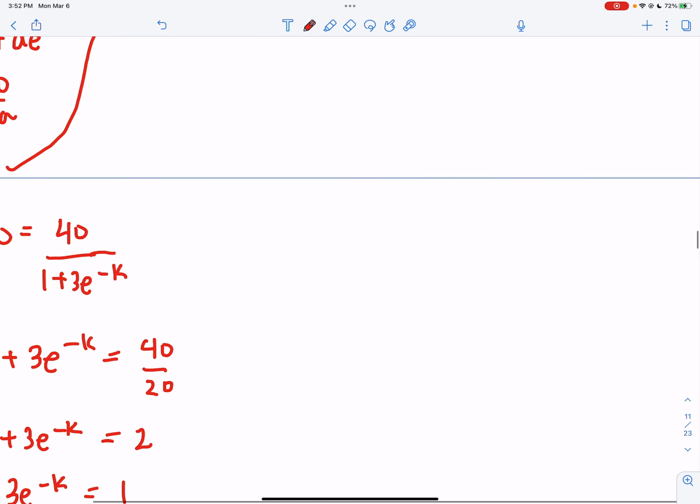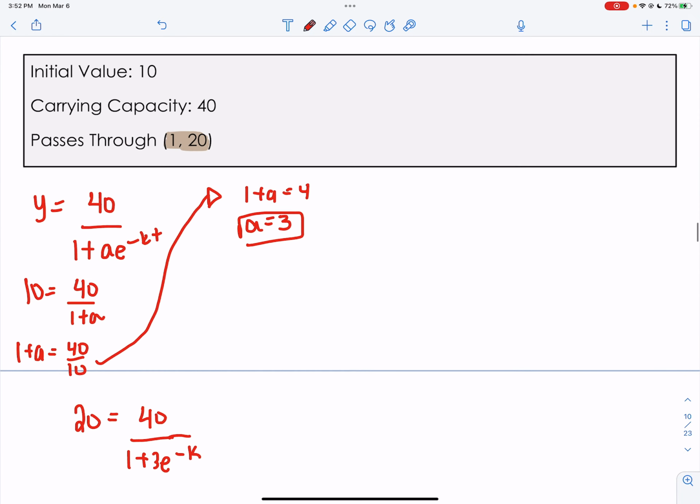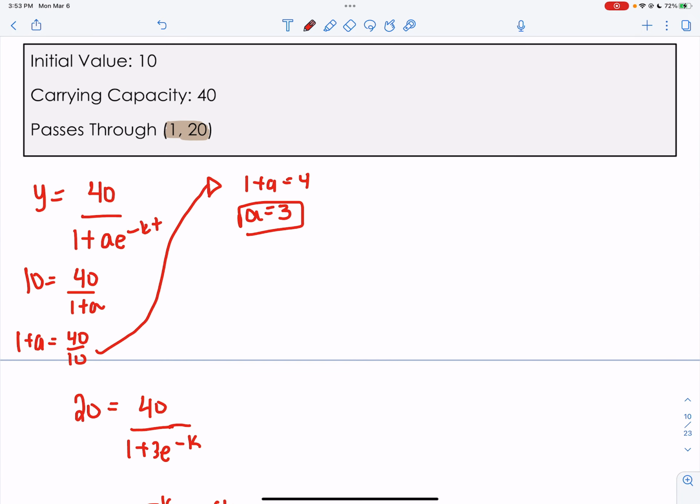So, as a refresher, try to find C, because that's going to be the easiest one to give you. I mean, it's the carrying capacity, so it shouldn't be that hard. Once you find C, find A. To find A, that's where you have to find your initial value, aka your y-intercept.